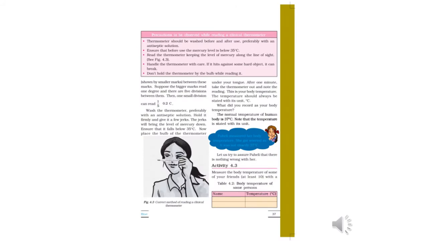When we want to take a measurement of body temperature, first what we have to do is wash the thermometer, preferably with an antiseptic solution. Use an antiseptic solution to clean the thermometer before using it to test the temperature. Next, hold it firmly and give it a few jerks.